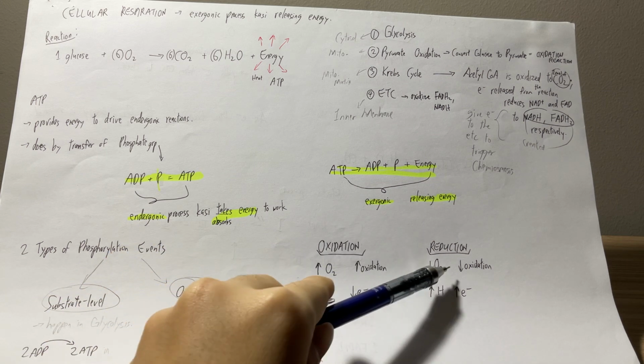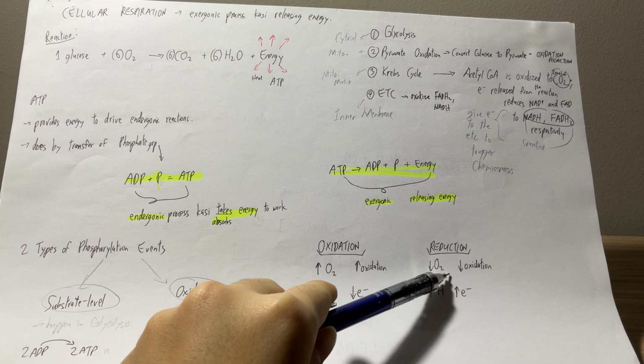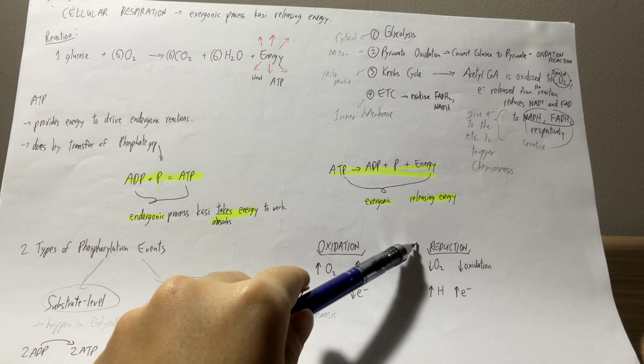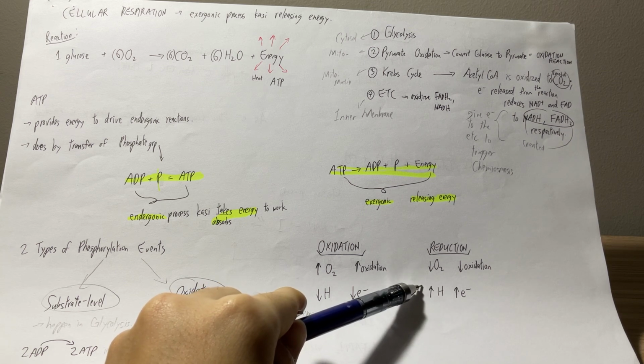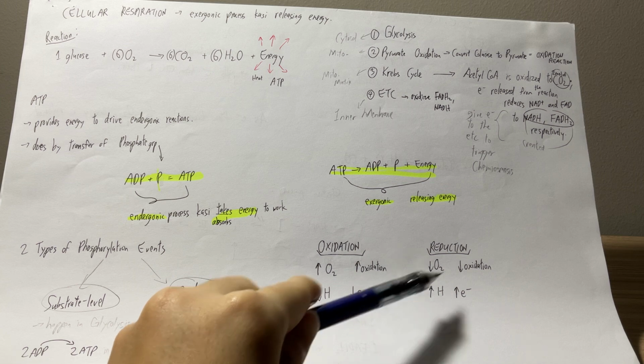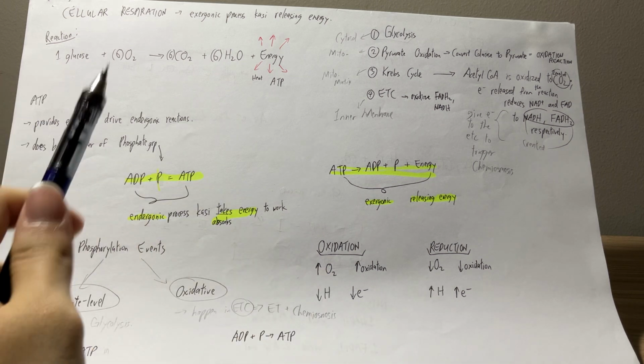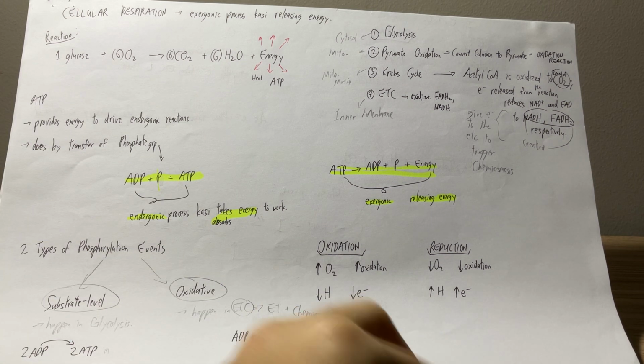Decrease in oxygen is a decrease in oxidation and consequently an increase in reduction. An increase in hydrogen atoms, not sure, maybe it's ions, as well as an increase in electrons.